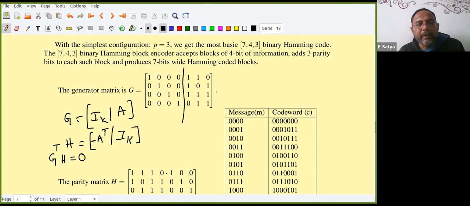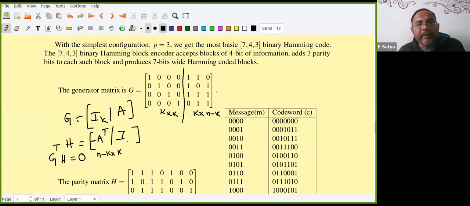Yes, that is exactly it, of course it is not I_K. Can somebody help me? What are the sizes of these things now? This is K cross K, correct? And this is K cross N minus K, correct? What is the size of A transpose now? This is N minus K cross K, correct?